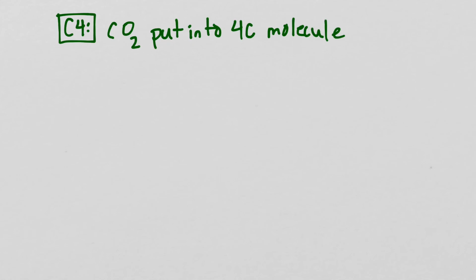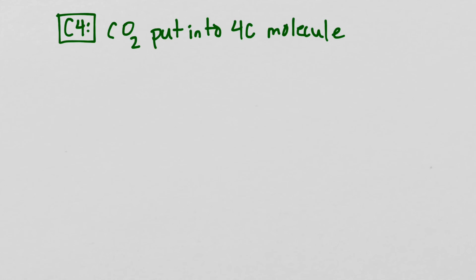So to review, for C4 plants, they are going to take the carbon dioxide when it's available to them, and they're going to put it into a 4-carbon molecule before it goes into the Calvin cycle. They will store it so that if the stomata is closed and it doesn't have access to it, it can then use it when needed.